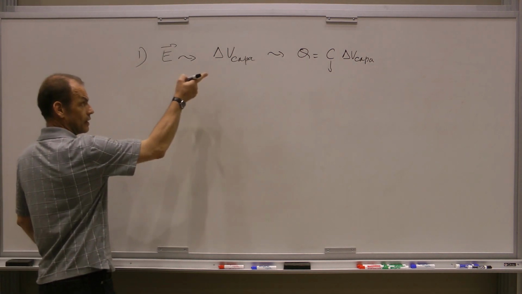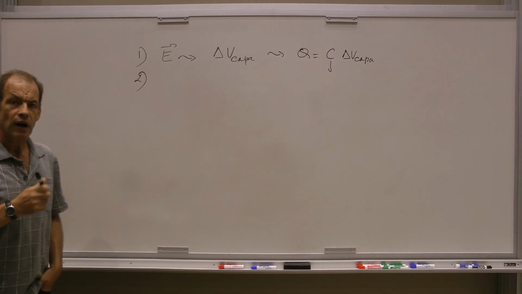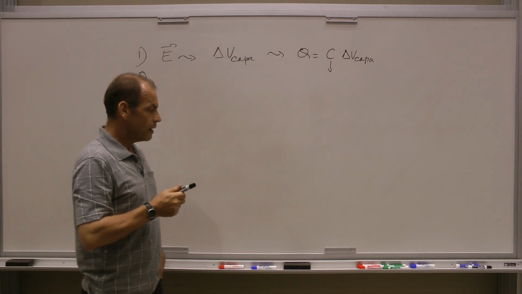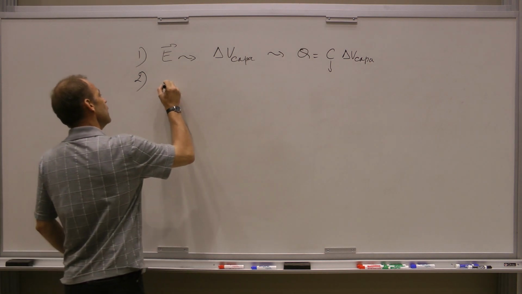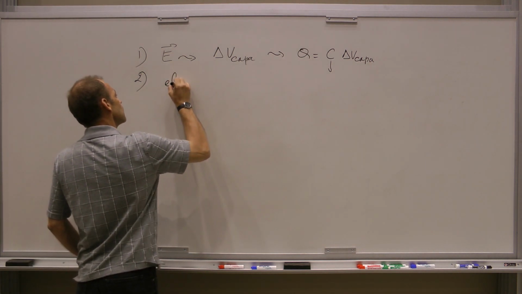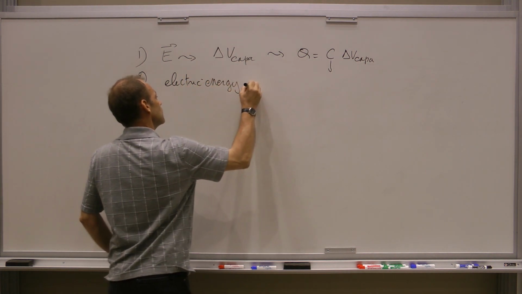Another way to do this, and I'll demonstrate that, and it's a very, very powerful way. We've talked a lot about the power of energy methods. This is starting from the electric energy density.